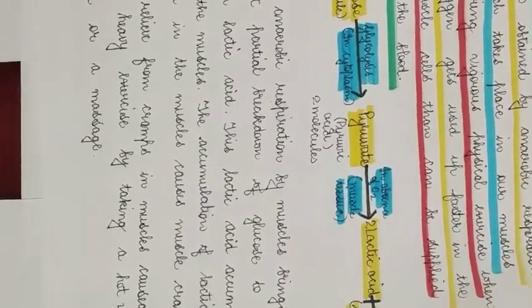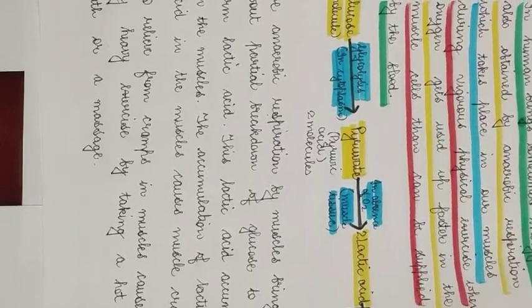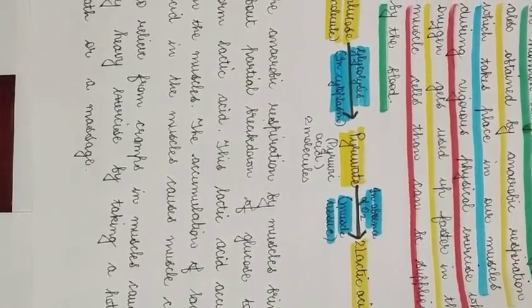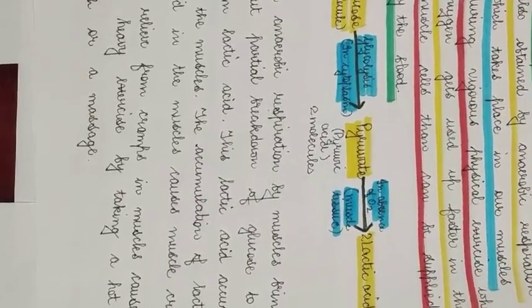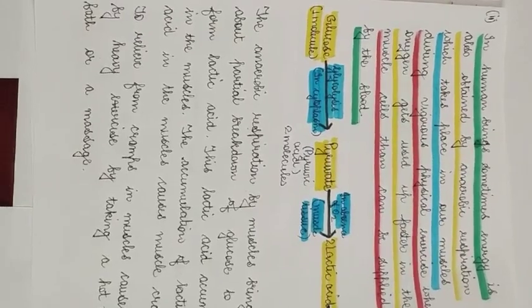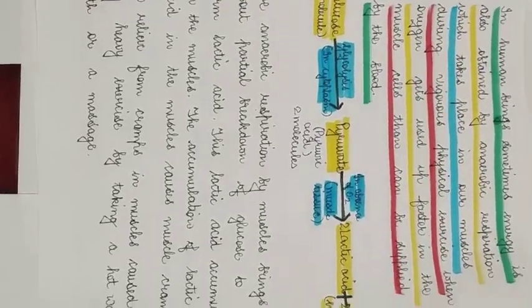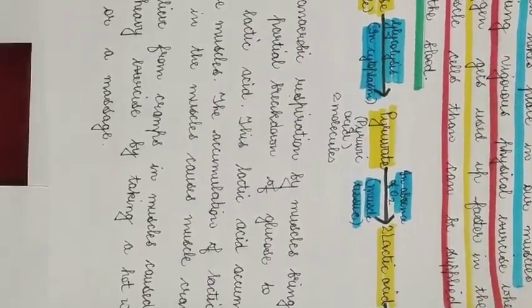Like when a sports person is doing a vigorous activity or running, the muscles use some extra energy, and at that time the blood is not able to supply the oxygen so quickly, given the speed at which it is being consumed.